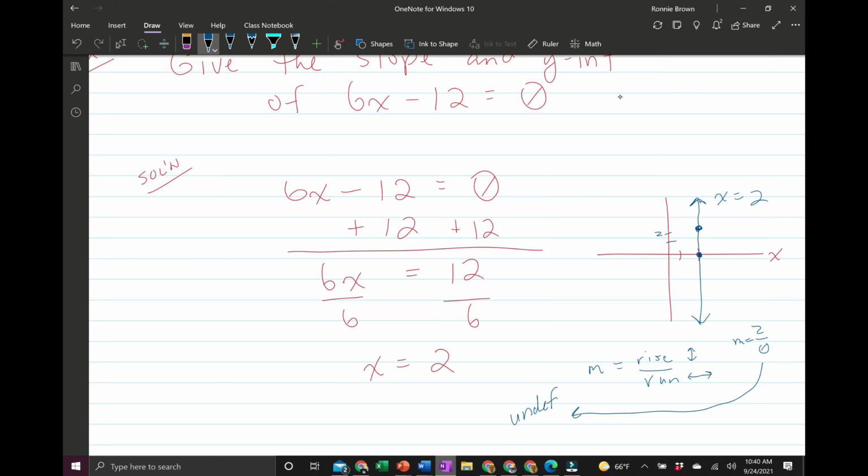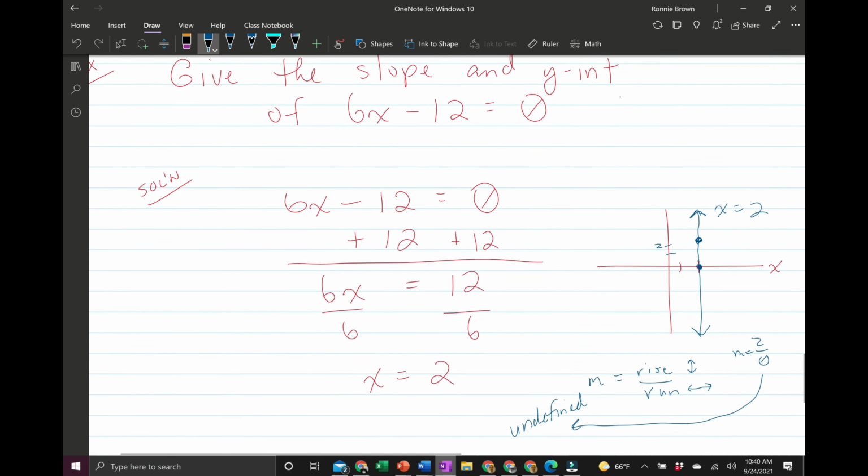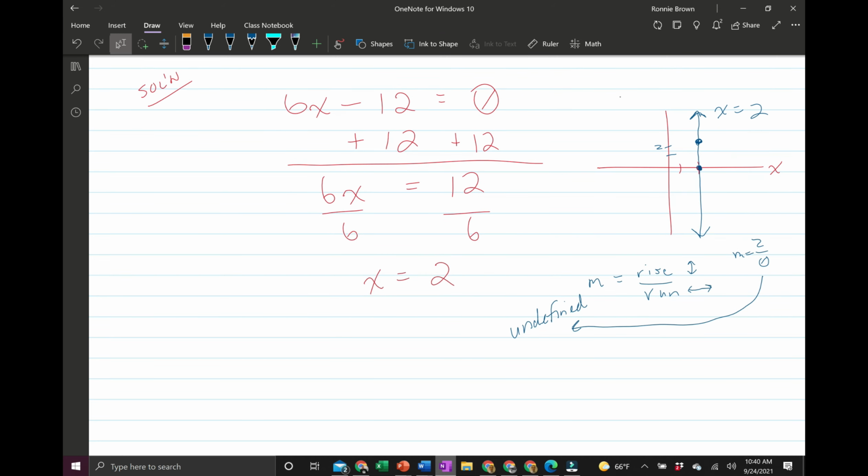That's undefined. So our slope is undefined for all vertical lines, not just this vertical line, but for all vertical lines. The question asks for a slope, but we will say that the slope is undefined. And this is true again for all vertical lines. As you may guess, for horizontal lines, the slope is 0.